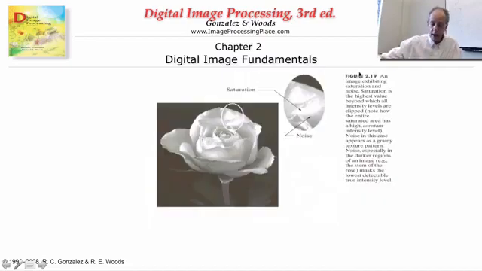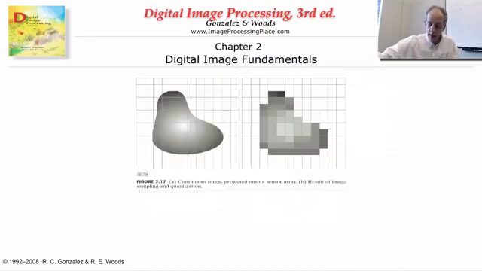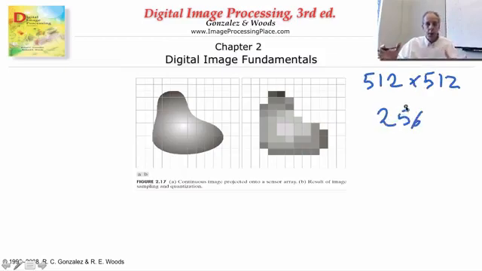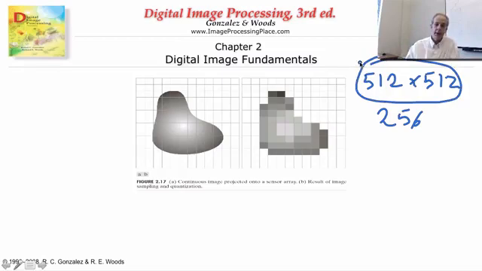We can have better images. Let me just go back. For example, we might have an image that has, instead of 256 by 256, 512 by 512, and still 256 levels. So it's going to take more memory to save that image, but it's going to have a better quality. And once again, when you're buying digital cameras, they normally tell you a lot about this number, how many pixels it has.